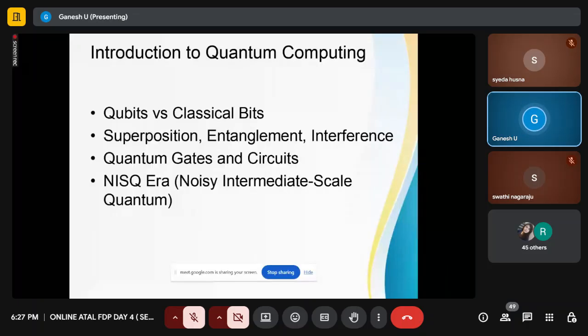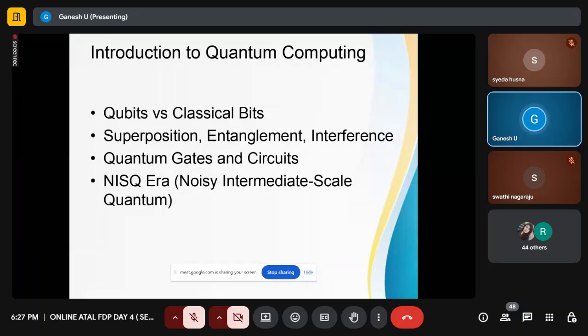To achieve these properties, entanglement and superposition, the quantum computing hardware is superconducting qubits, trapped ions, and so on. Next, the NISQ era, noisy intermediate-scale quantum. What is noisy? Noisy is nothing but some error, some disturbance.